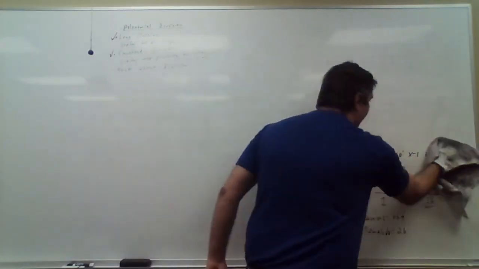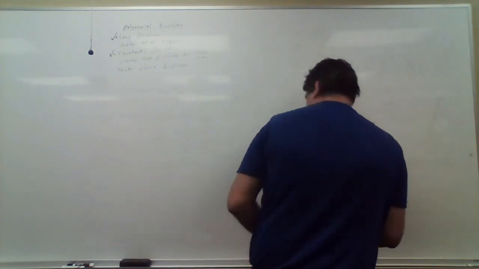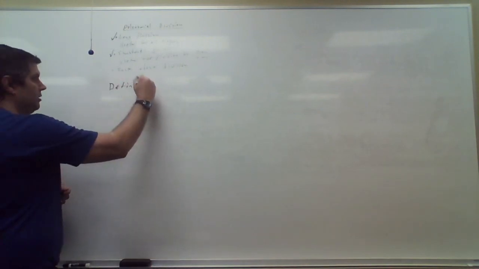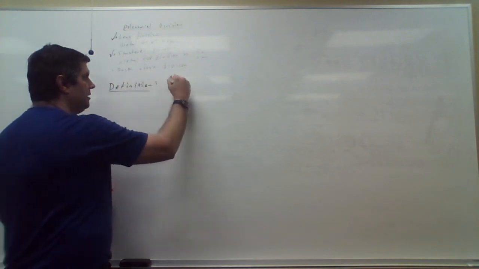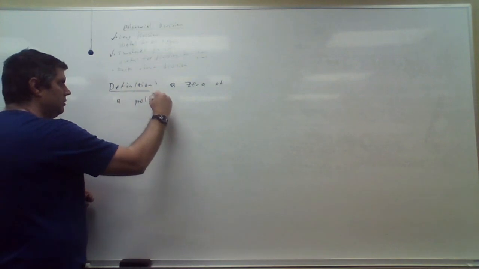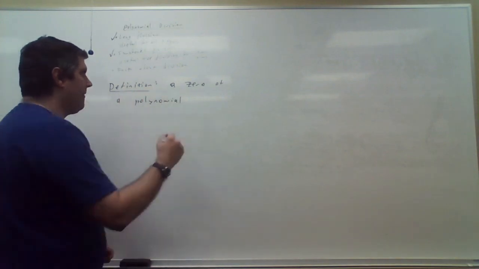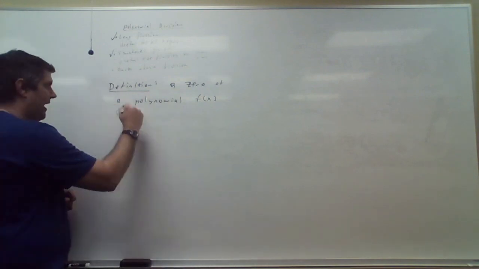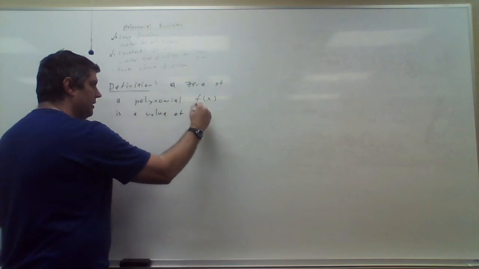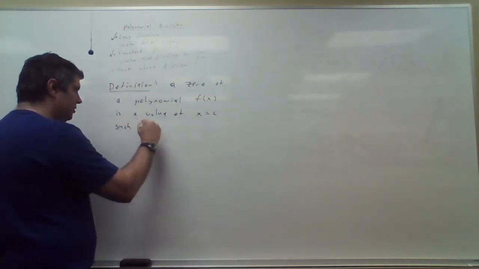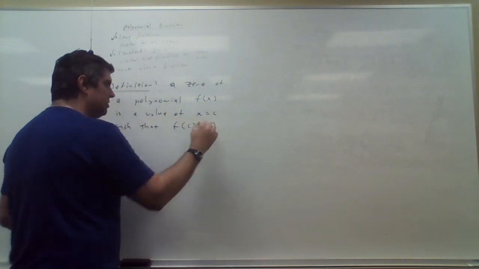Okay, here's another one. Definition. A zero of a polynomial f of x is a value of x equals c such that f of c equals 0.